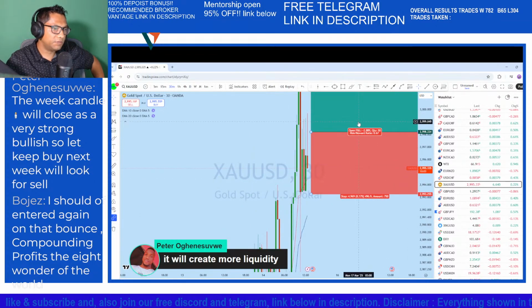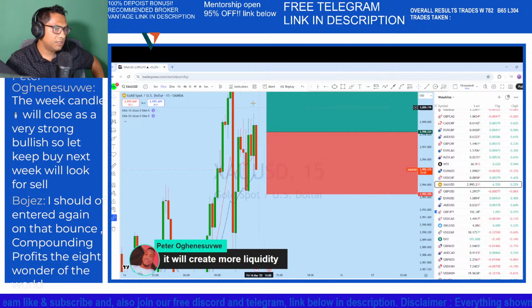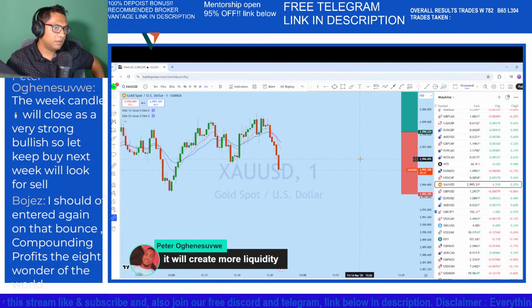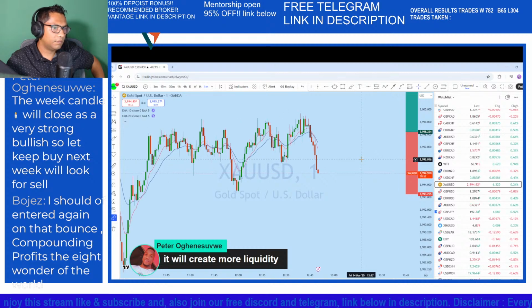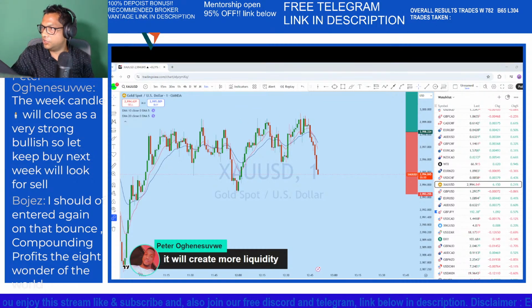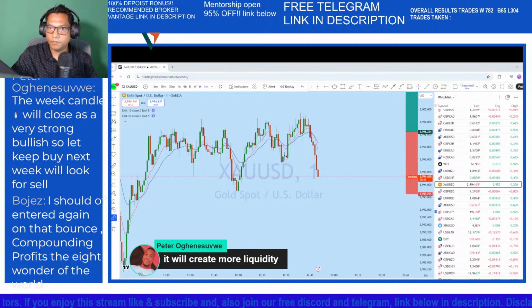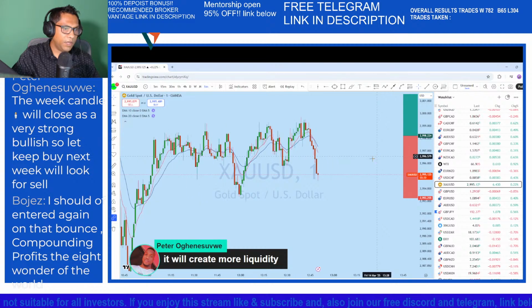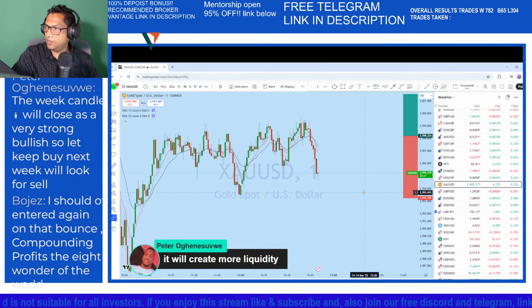See, here is the 30 minutes price action. Here we can see the market on the lower time frame. Okay, so there is a break of structure. So here we can see there is a break of structure, and that may lead that price to come back to that liquidity zone here.